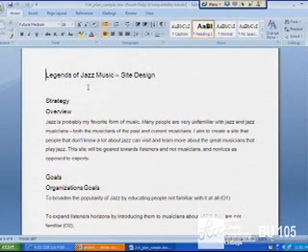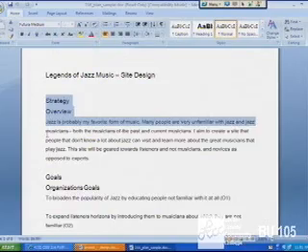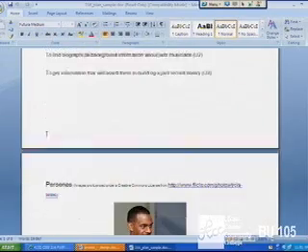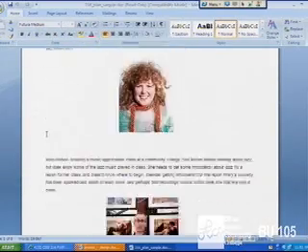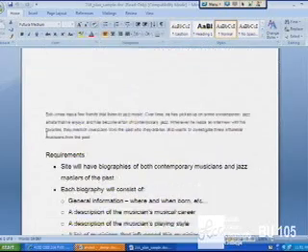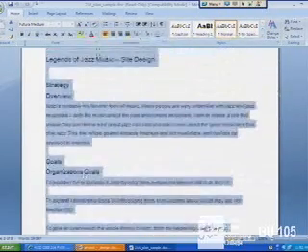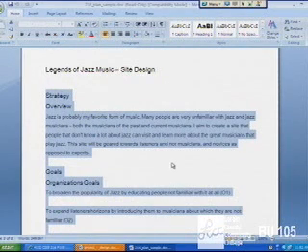My design for a website about the legends of jazz music. And here's my strategy section, along with my personas. All right, so that's the strategy section right there.